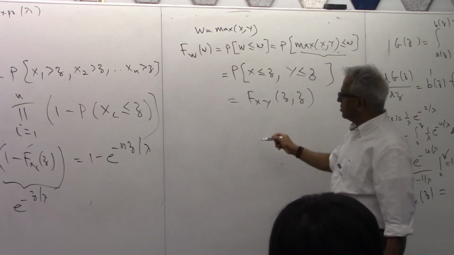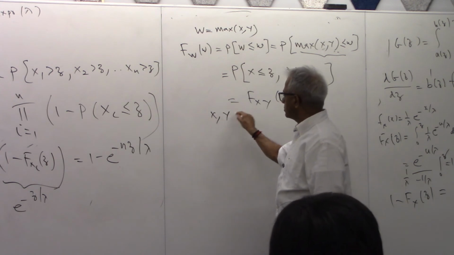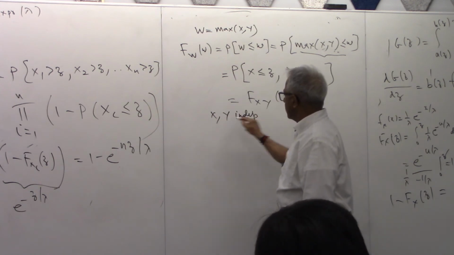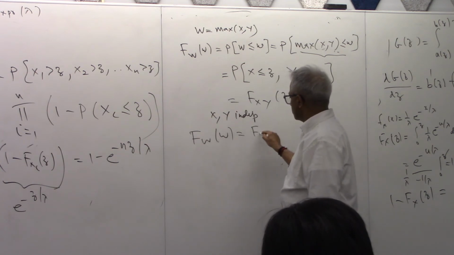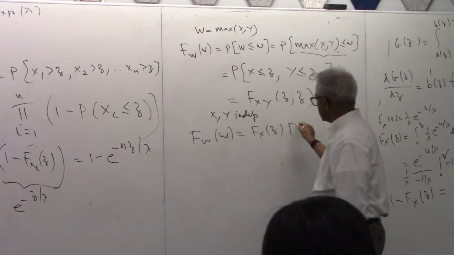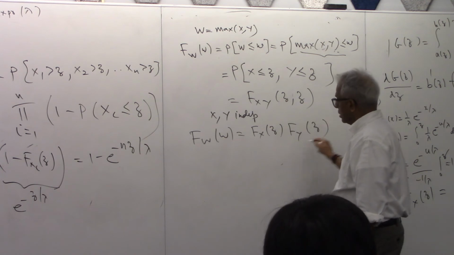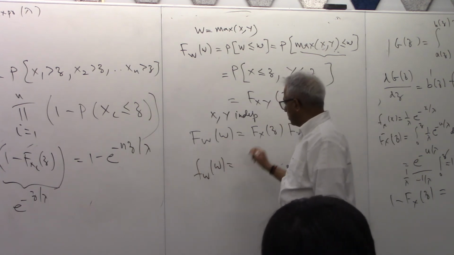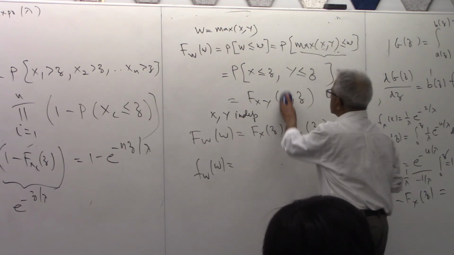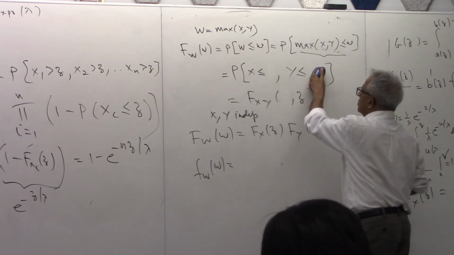Of course, at this stage, if X and Y are independent, then F_W would be the product, and in that case f_W, the derivative, will be the derivative with respect to lowercase w.